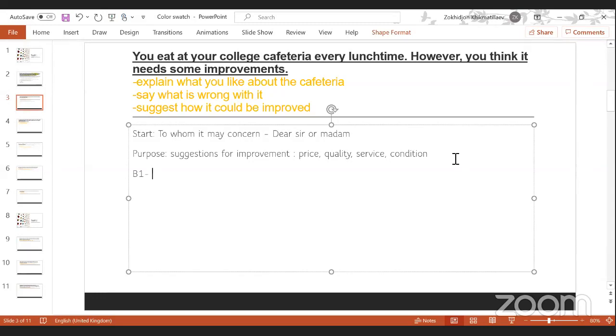If you're outside, then no. So state, introduce. You must say that you are not a freshman, that you are a third year or second year student and you have been having lunch here for a long time, and now you see that this place has some problem with service or condition. Smoothly go to the point, do not jump.